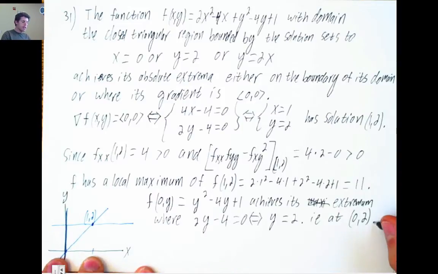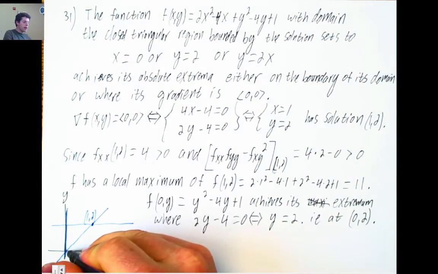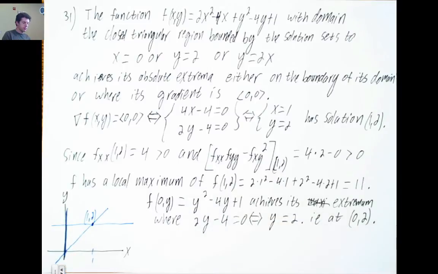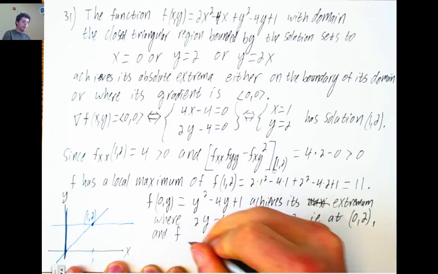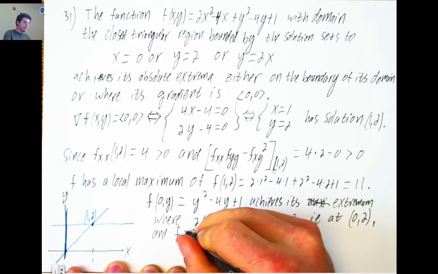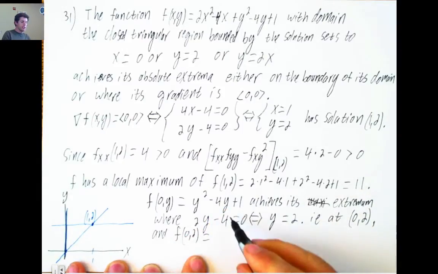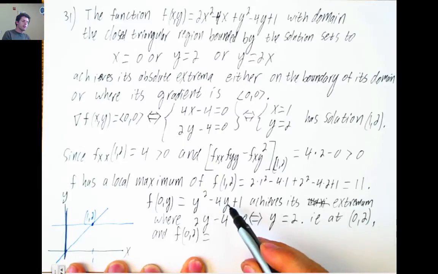Okay. Next, let's take this line, y is equal to 2. So far, and let's see, I also need to say f of 0, 2 is equal to, well, let's think about it. 2 squared minus 4 times 2.